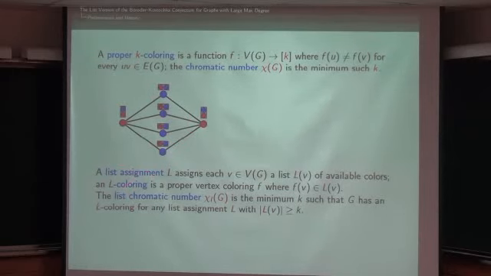And given some list assignment L, an L-coloring is a proper vertex coloring where each vertex's color comes from its list. And the list chromatic number, which I'll denote by chi subscript L, is the minimum such K such that you can have an L-coloring for any L assignment if you give each vertex at least K colors.